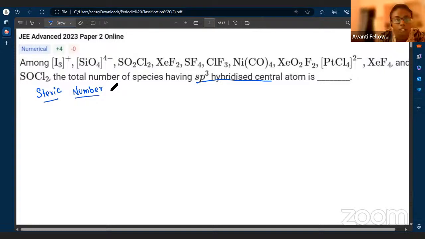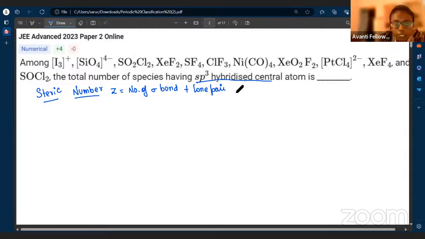How will you calculate the steric number? Steric number is equal to the number of sigma bonds plus lone pairs. That will give you the steric number.